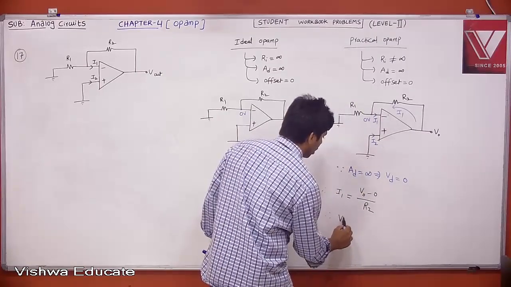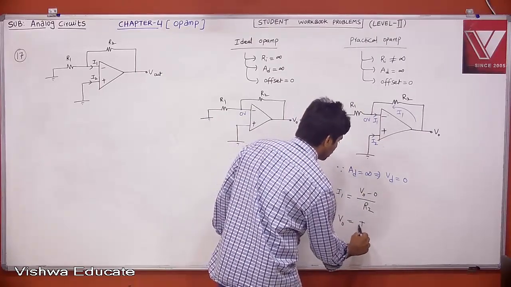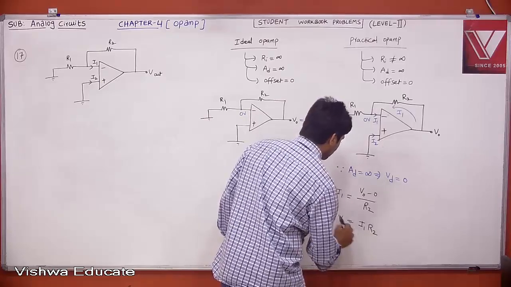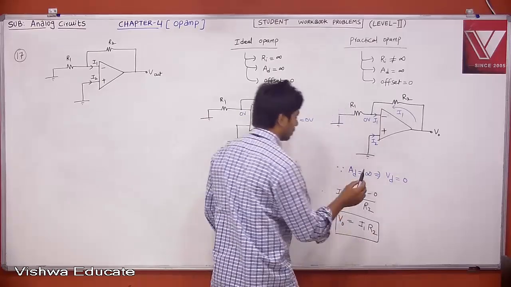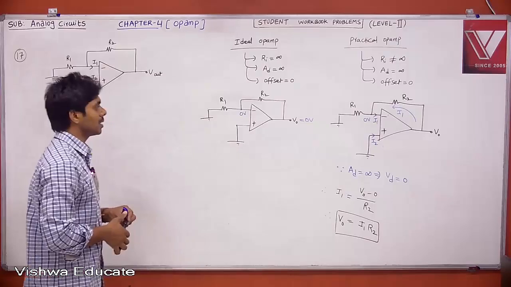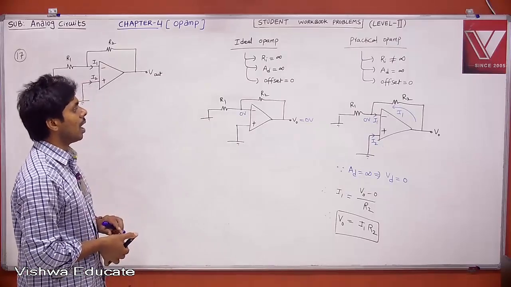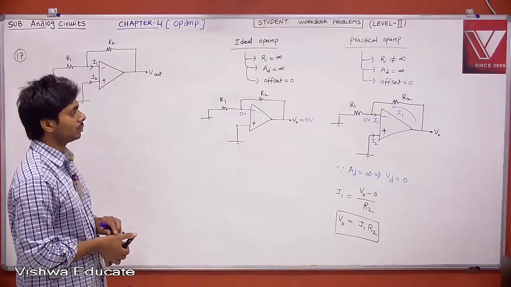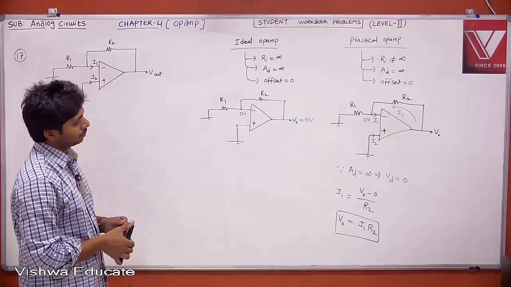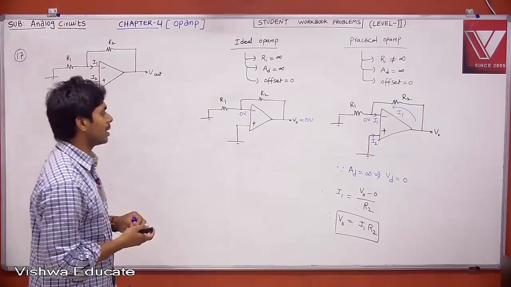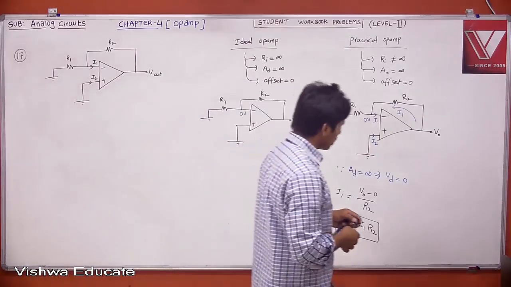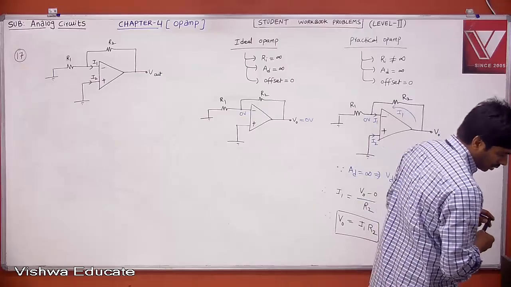Therefore, what is your V0? V0 is equal to I1 into R2. It is not 0. The current entering into your op-amp multiplied by R2, that much will be your voltage. That could be very, very small. What is the answer? Your answer is C.